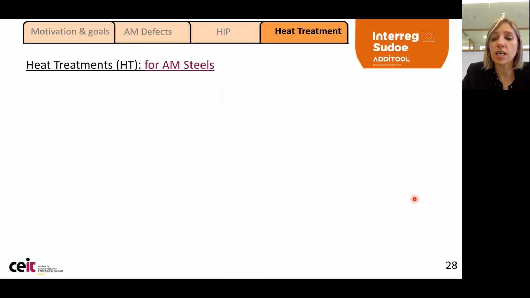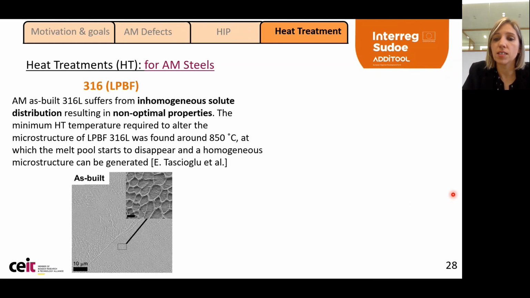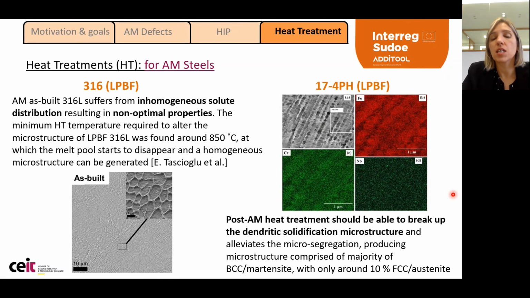And just to finish, some examples for other materials such as steels. Here we have two examples: the 316 stainless steel and the 17-4 PH.